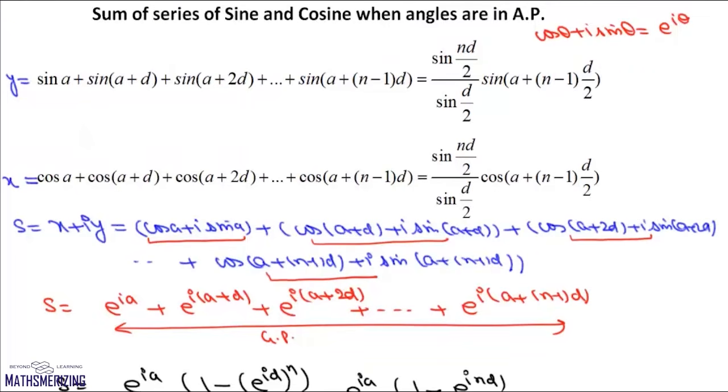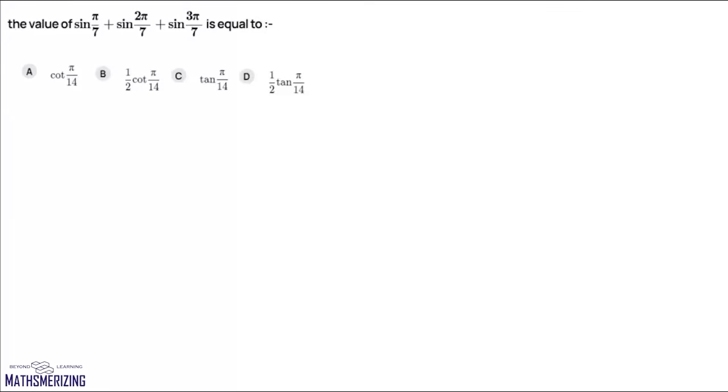Now let us take some questions where we'll be using this formula. Now here the question is, find the value of sine pi by 7 plus sine 2 pi by 7 plus sine 3 pi by 7. Now another way to solve this question is using the formula for sum of series of sine when the angles are in AP. So these three angles, pi by 7, 2 pi by 7 and 3 pi by 7, are in AP. And in this case, first term is pi by 7. Common difference is also pi by 7, and the value of n is 3.